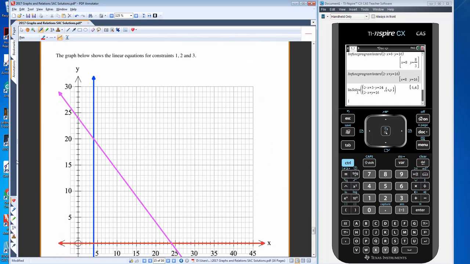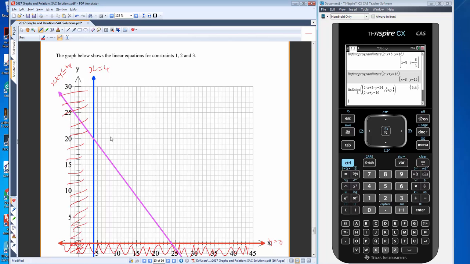Alright, so this is the graphs of constraint 1, 2 and 3. So this is x equals 4, or the line x equals 4. The line y equals 0, and this is x plus y less than or equal to 24. And so what we're going to do is quickly shade up these ones here. So again, it's quadrant 1 for a manufacturing situation.